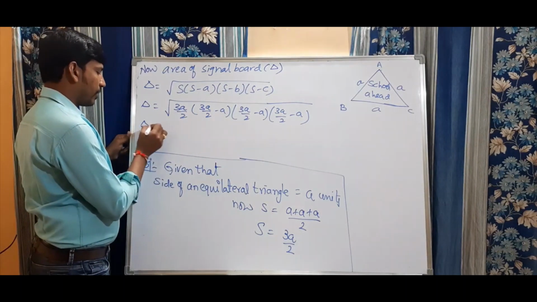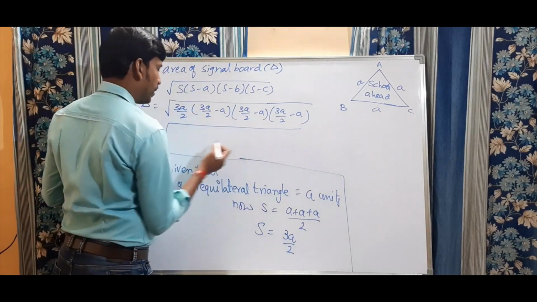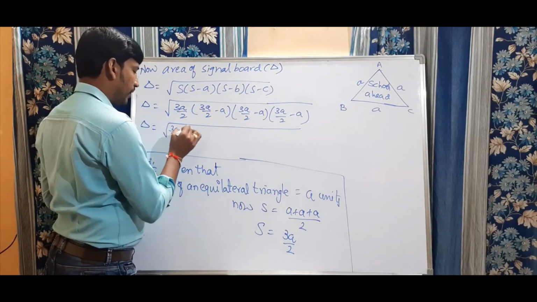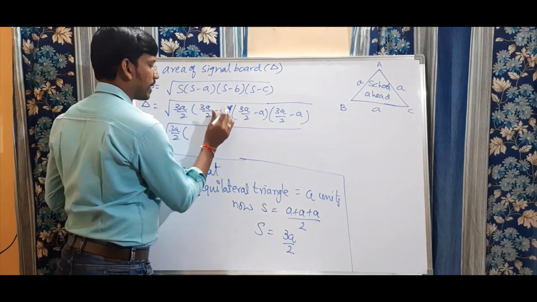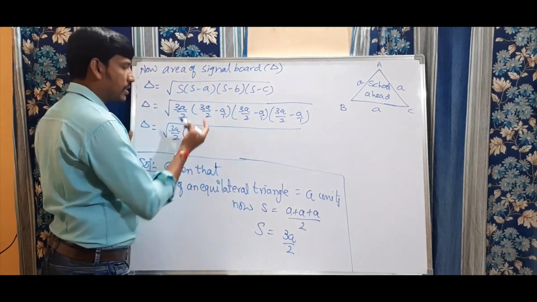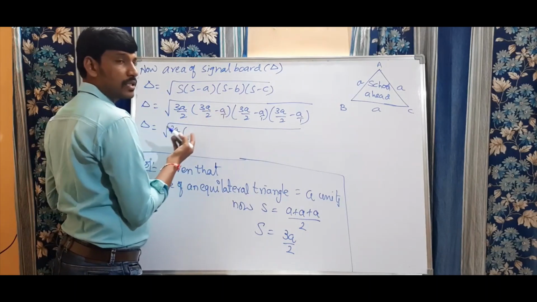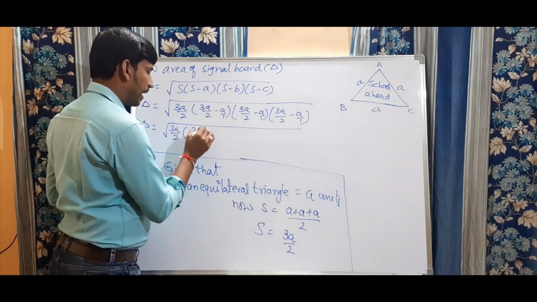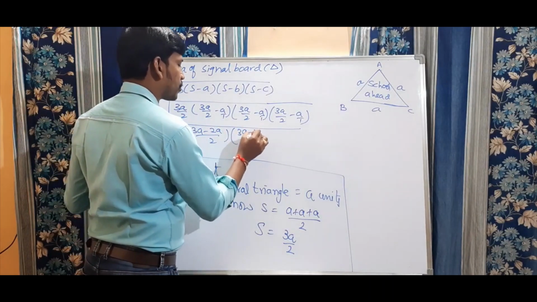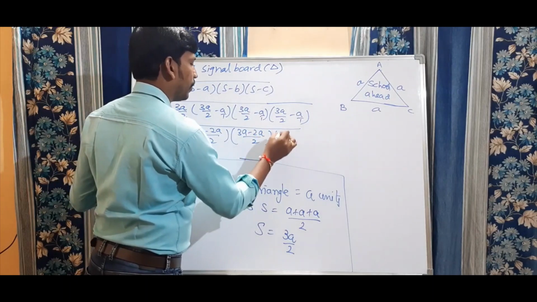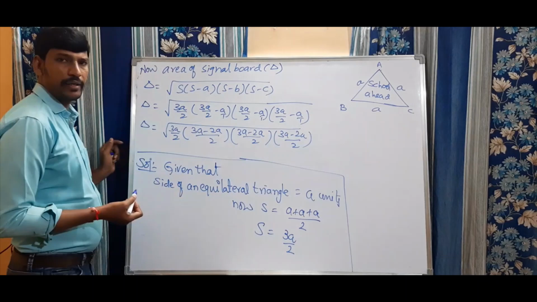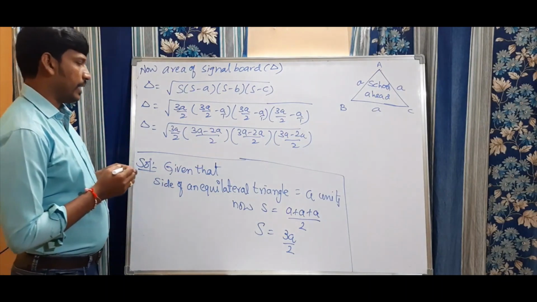Now delta is equal to under root of 3a by 2 as it is, into, by taking the LCM, this is a by 1, a by 1, a by 1. What is the LCM here? 2. 2 into a is 2a. So 3a minus 2a by 2 into 3a minus 2a by 2 into 3a minus 2a by 2. Is this clear, my dear?